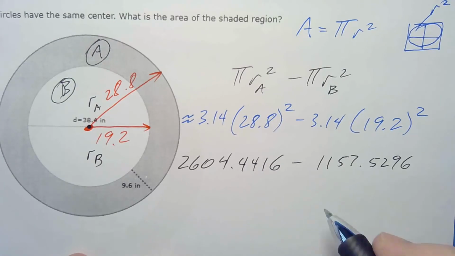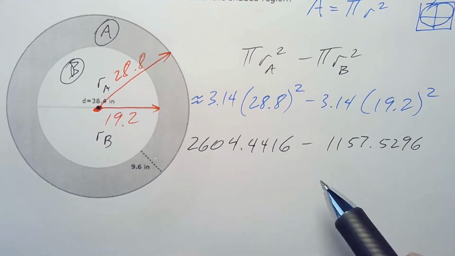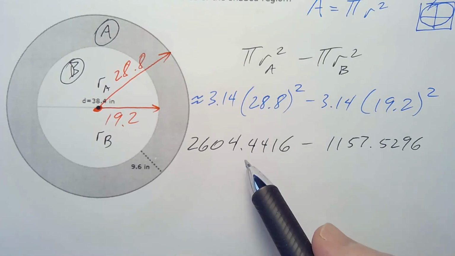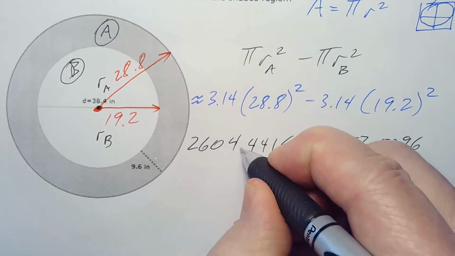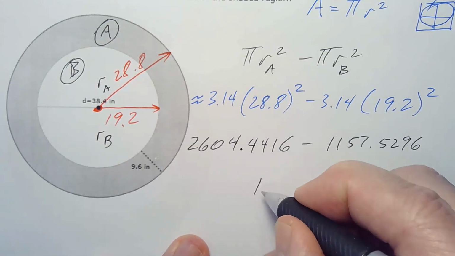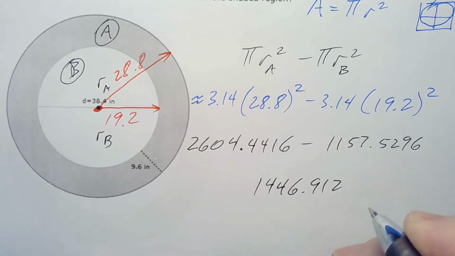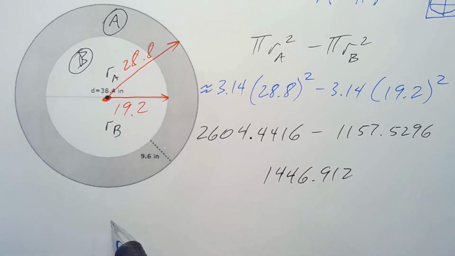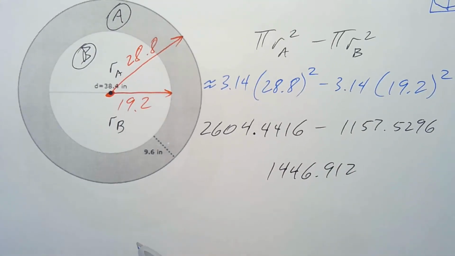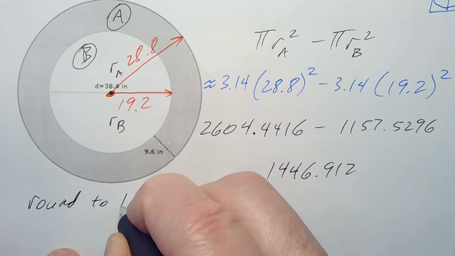Now, the reason I'm showing you all this is, you know, yeah, you could probably do this on your calculator, but I strongly recommend you write down some of these intermediate steps just so you get it straight. And when we subtract those, you get 1446.912. Now, I didn't show you this because I needed the space on the page, but kind of like the problem we had earlier, this is actually asking to round to the hundredth.